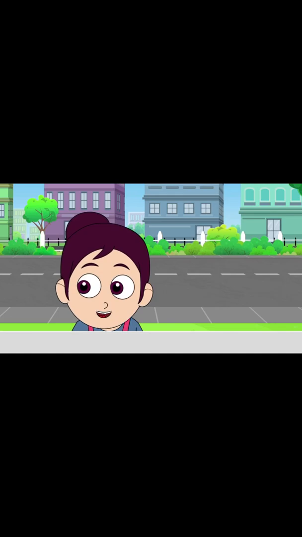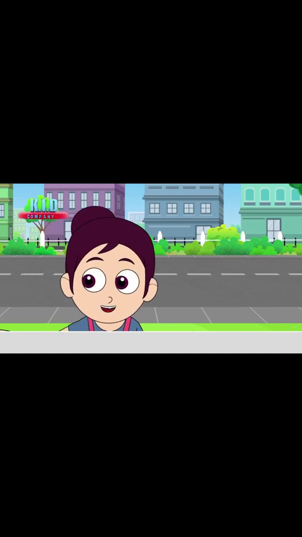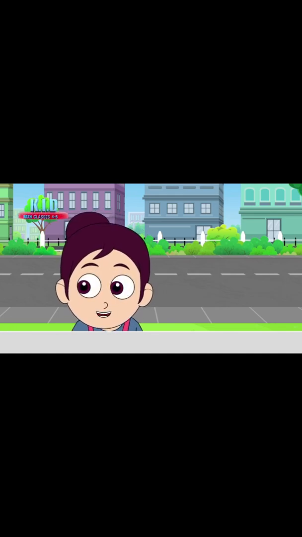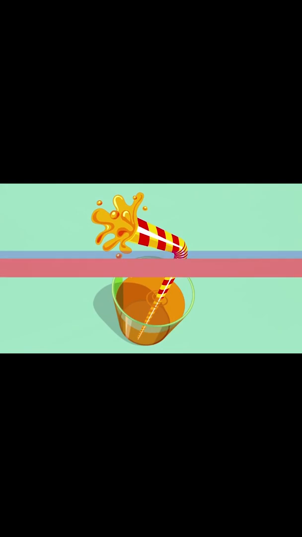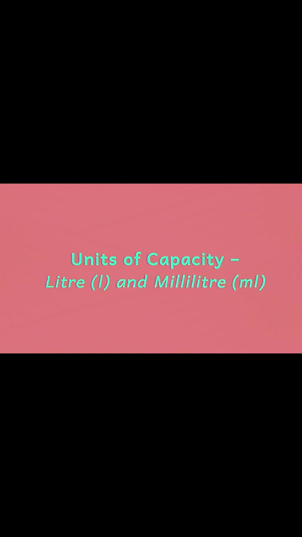I remember. ml is milliliter and L is liter. But... Well then, let us revise a little. The standard units to measure capacity are liter, L, and milliliter, ml.